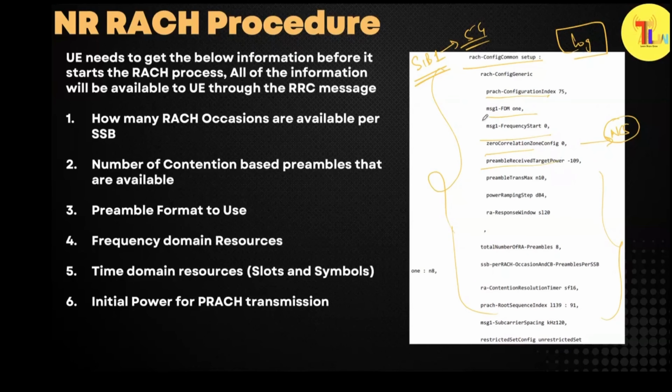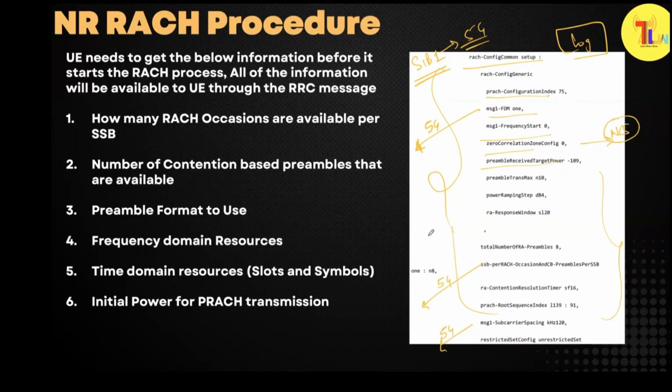Let me give you an idea that this is new, and this parameter is new, and this parameter is new. In 5G, these are 5G related parameters which are newly introduced.